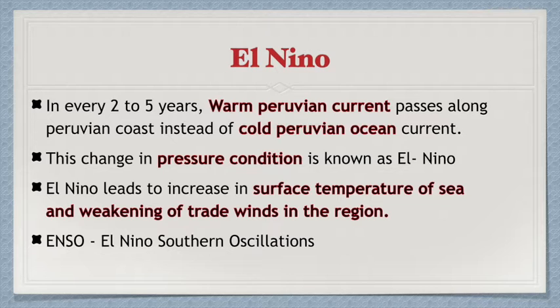If a cold Peruvian current develops, there will be a high pressure area. If that high pressure area is developed in that region, wind from low pressure Indian Ocean will blow in the direction of Peruvian coast. So Indian monsoon will be affected.